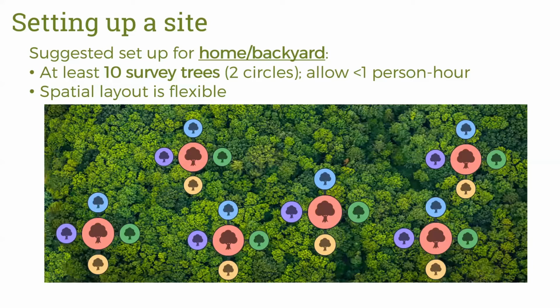Now, if you're in your backyard, or even if you're not in your backyard, but in some natural areas or some parks, maybe the woody vegetation you have is all along a forest edge between a meadow and a forest or something like that, or your survey branches are all along a trail. It may be that you don't actually have a lot of trees to choose from. You barely have enough trees at eye level that you can survey.